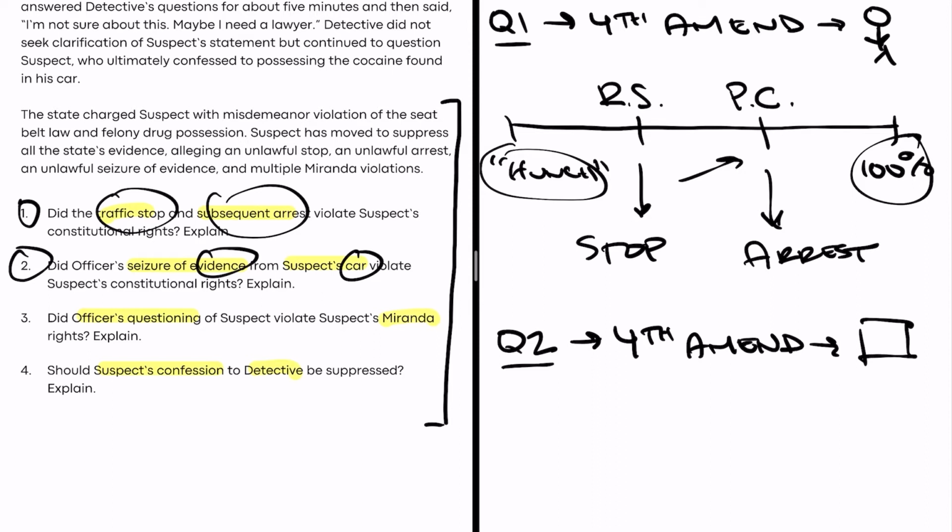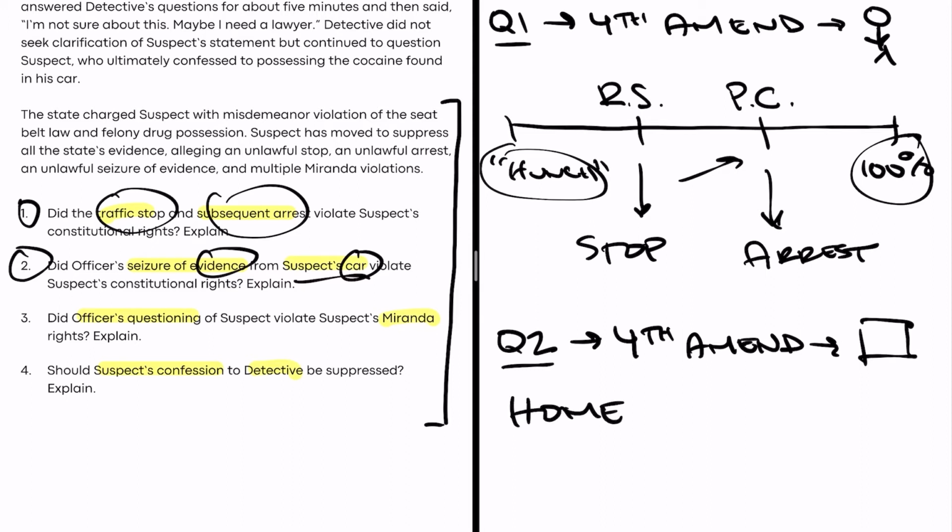Now, interestingly, it does look like the search and seizure of evidence here is happening from the suspect's car. And this is really notable, right? We're thinking about the suspect's car because a car, an automobile, is generally not at the same level that we would consider things like a home, right?